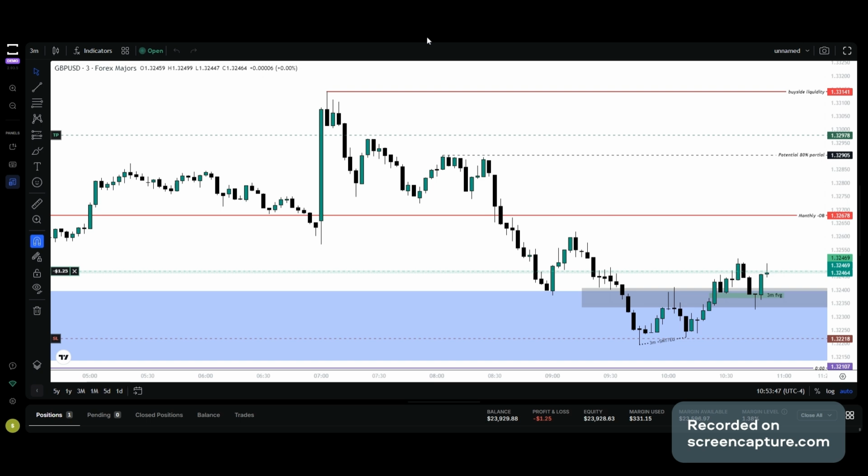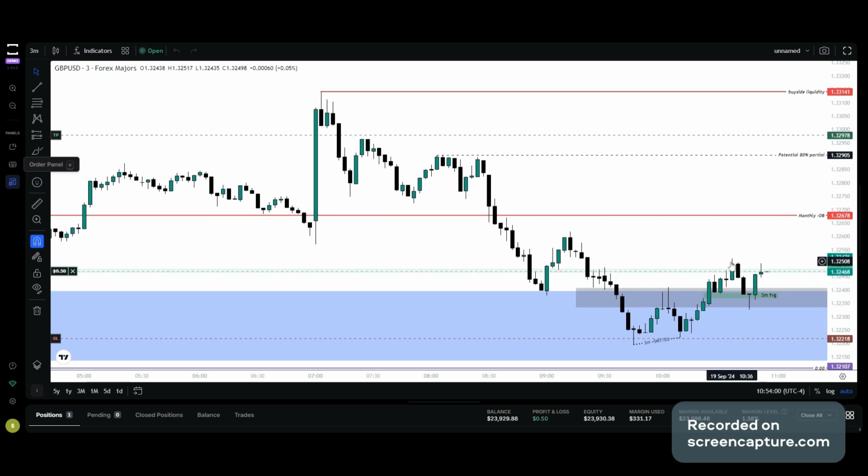Yeah, that 15-minute candle though. This high right here, I need to see a closure above that. Above this short-term high at 11 o'clock. Because that's when the next 15-minute candle closes.